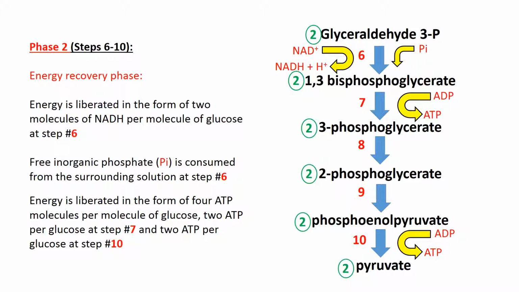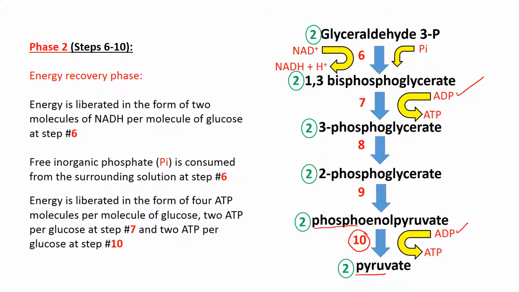So in step 10, the phosphoenol pyruvate is converted to pyruvate, resulting in the end product of glycolysis. Now the phosphate, as I mentioned, that is lost by the phosphoenol pyruvate becomes attached to ADP, similar to what happens in reaction 7 above, forming ATP in the process.